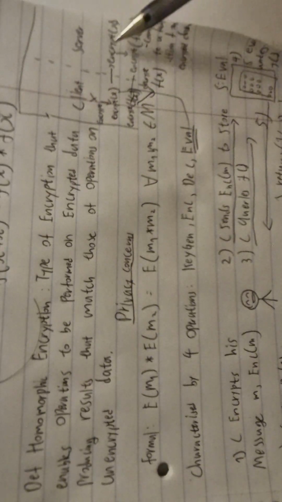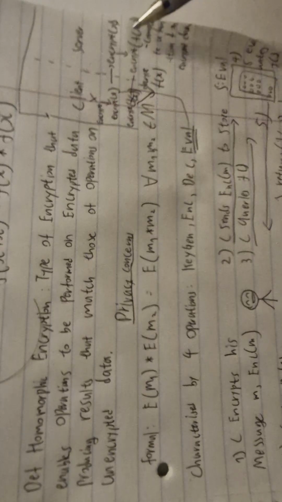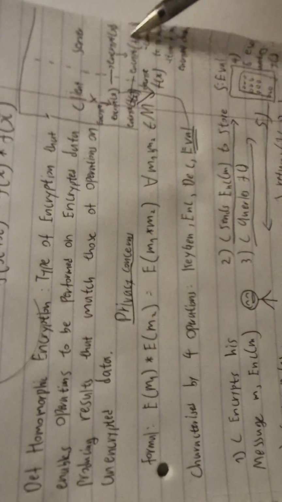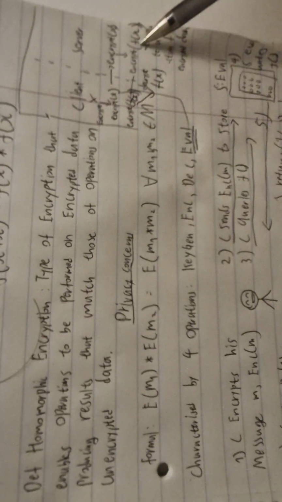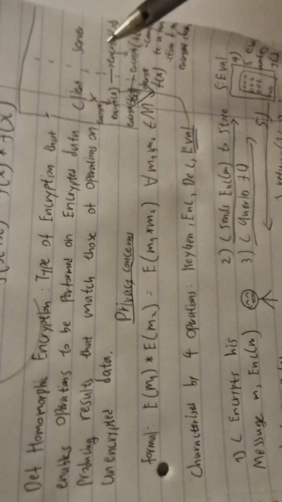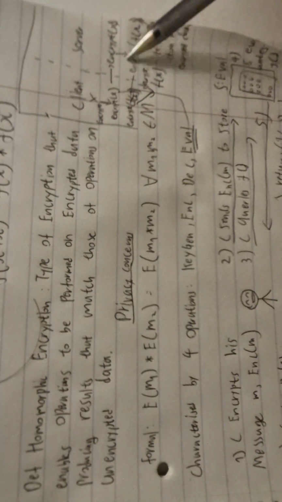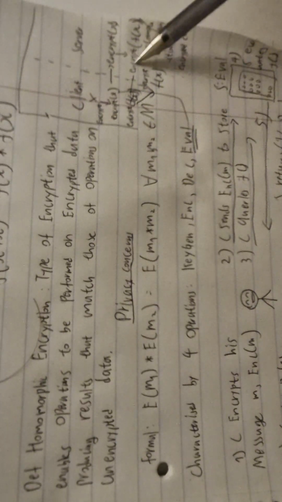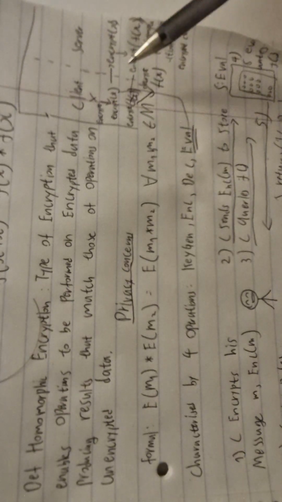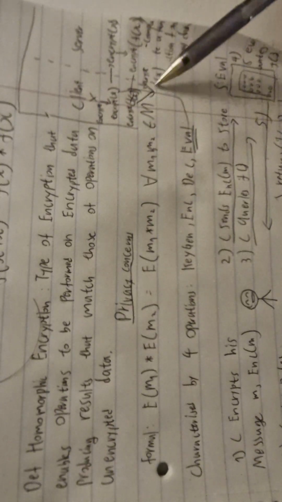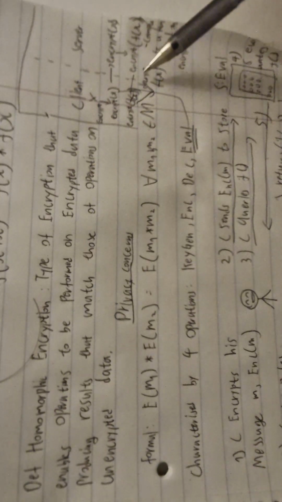There the server computes a function f on the encrypted message, just like I explained in homomorphism. And this wrapped encrypted message is sent back to the client, and the client can then decrypt it and get the result back.